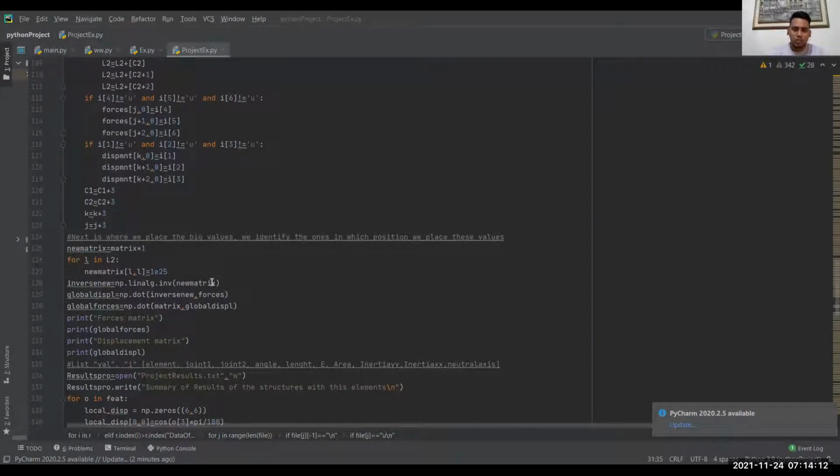And then you calculate the inverse matrix, and this part is where we found the local displacement and transform it, and you calculate the global displacement there.